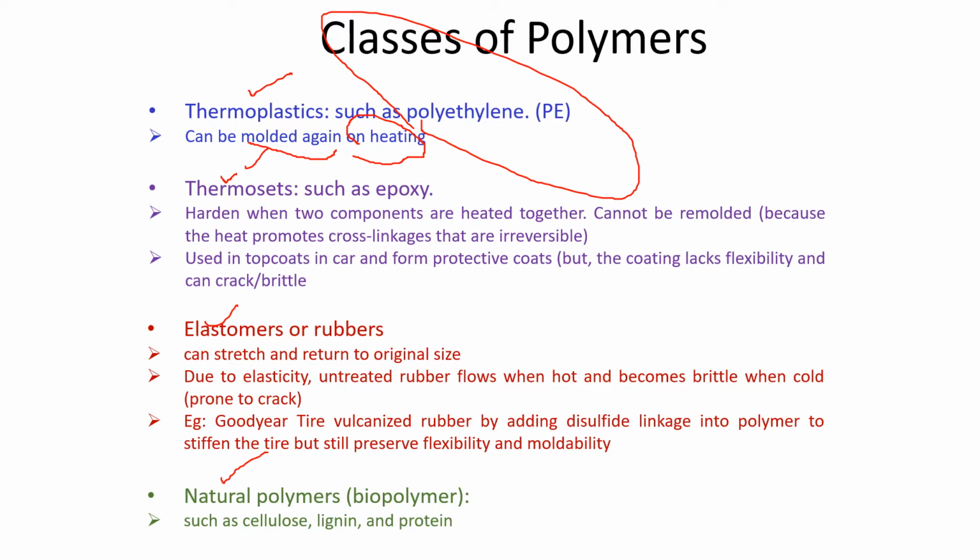An example of thermoset is epoxy, usually used in top coat on cars or on flooring in factories, because it is very hardened. But over time it can be peeled off because it lacks flexibility and can crack and become brittle upon physical abrasion.